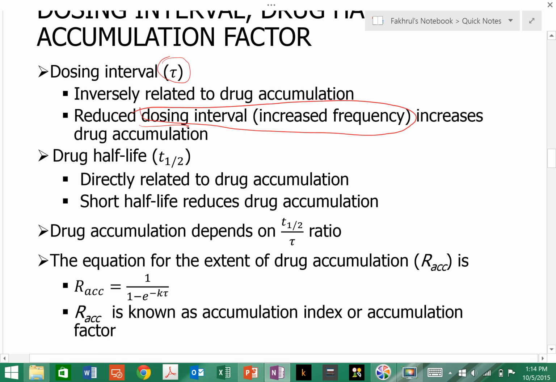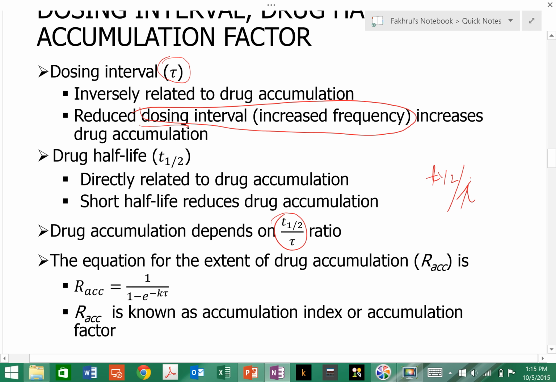Drug half-life is directly related to drug accumulation. So we have learned that when we have longer half-life, the drug accumulates more. We learned this in constant IV infusion. Short half-life reduces drug accumulation. That means drug accumulation depends on this ratio, T half divided by tau.